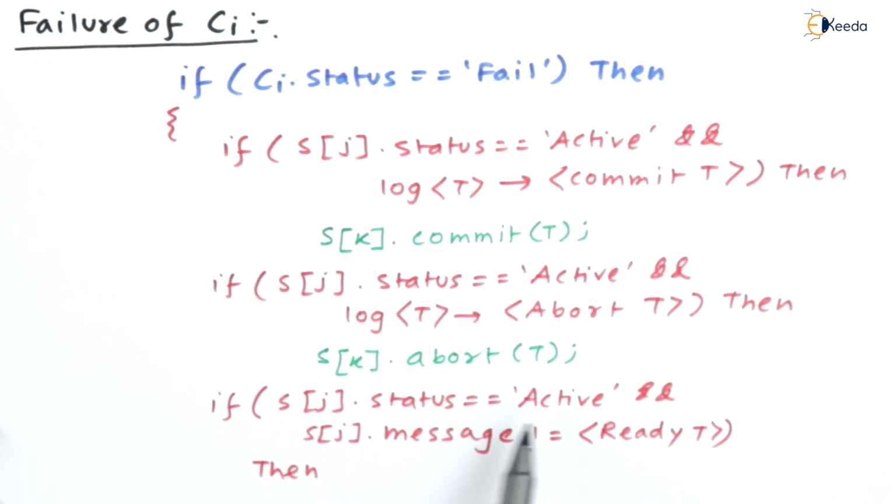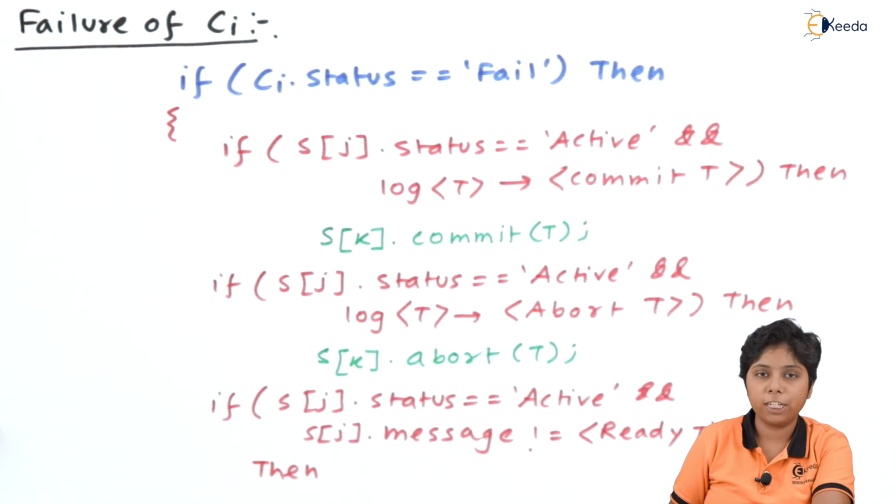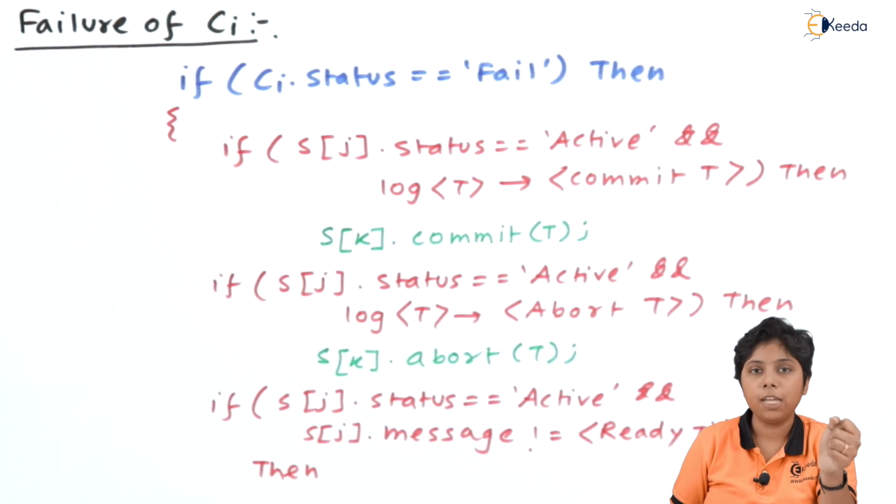Now if Sj is active and it has not sent any ready T to the coordinator, and the coordinator has failed, then the coordinator is of no use. But as ready T was not sent by any of these active sites, that means we consider that the transaction cannot be committed.